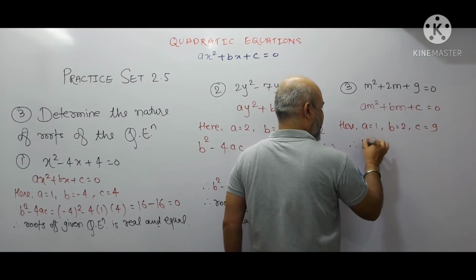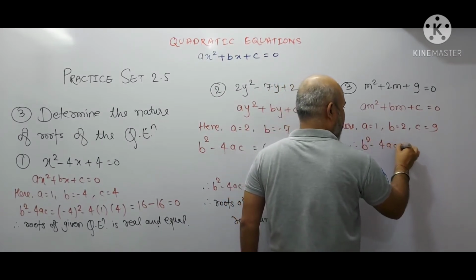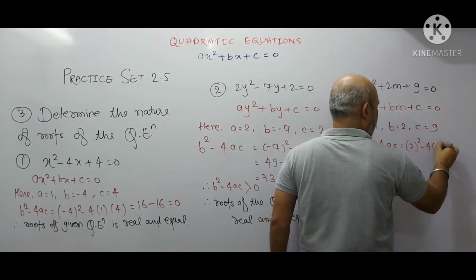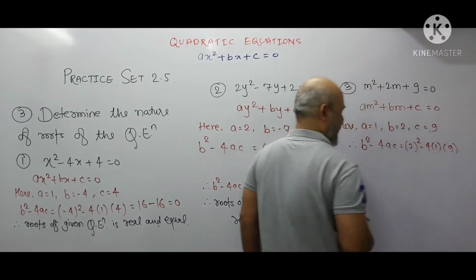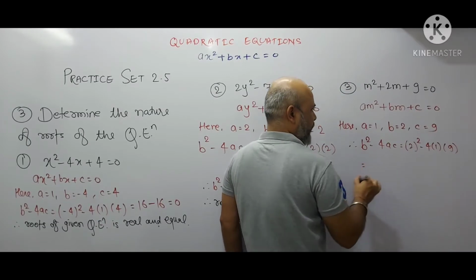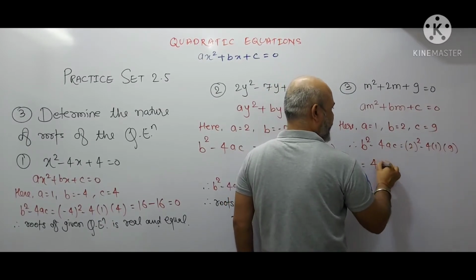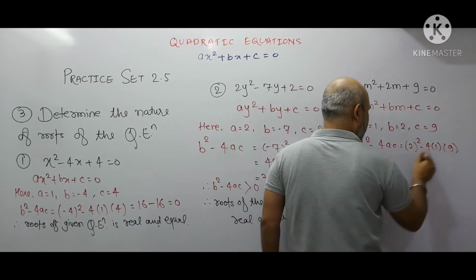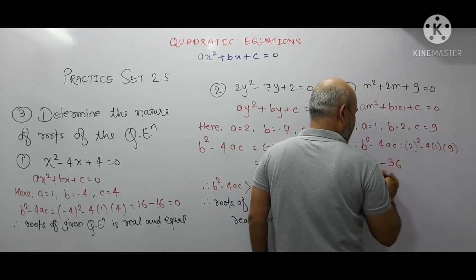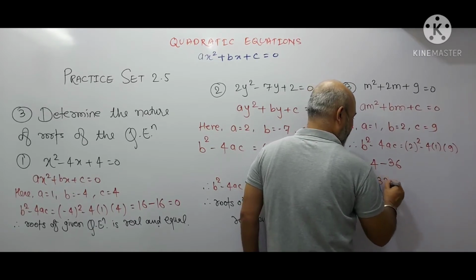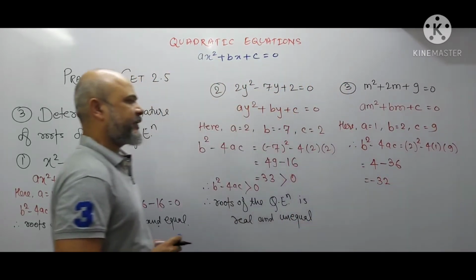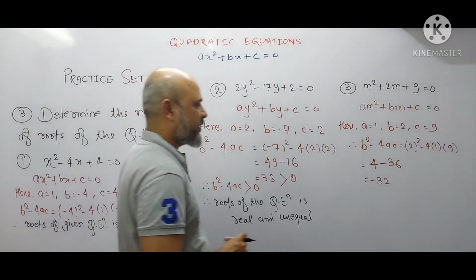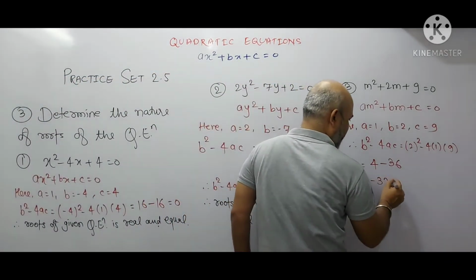Therefore, b square is 2 square, minus 4, a is 1 and c is 9. So 2 square is 4 minus 4 1s are 4, 4 9s are 36. Plus 4 minus 36 is minus 32, which is less than 0.